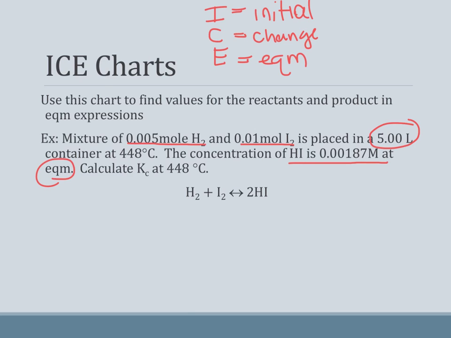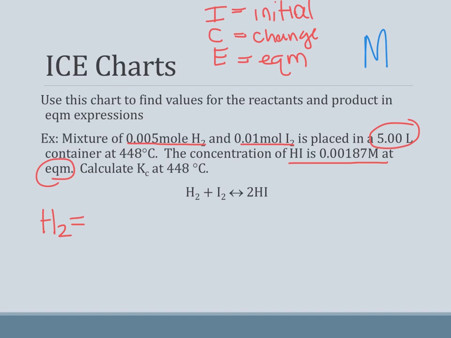The first step you need to do is you need to have the values for the substances in a usable format. So molarity, we will be using molarity almost exclusively. There is times that you're going to use pressure, but concentration and molarity is key here. So they gave us H2 and I2 initially, but they did not give us those values in molarity.